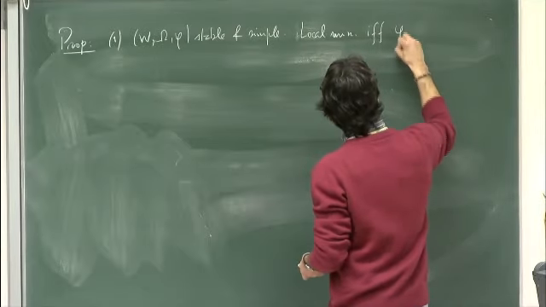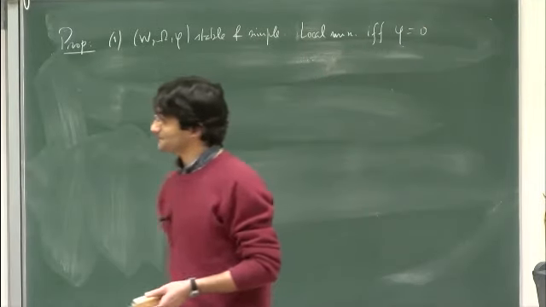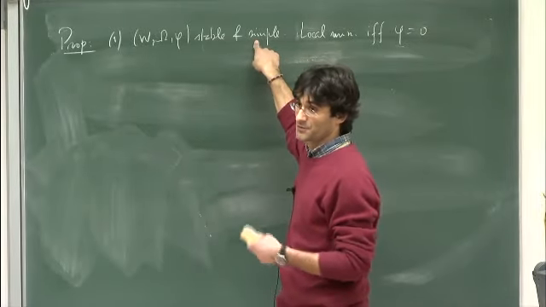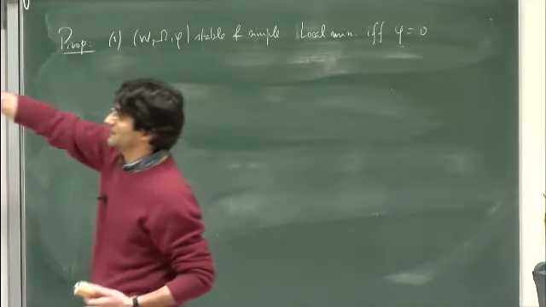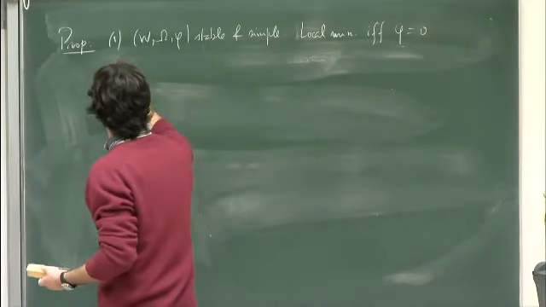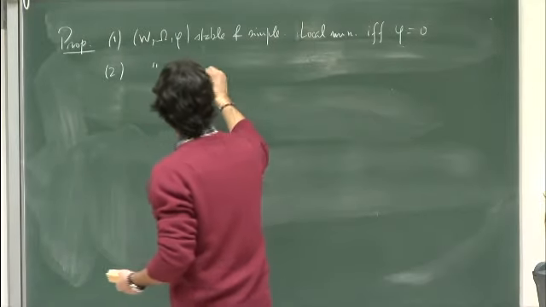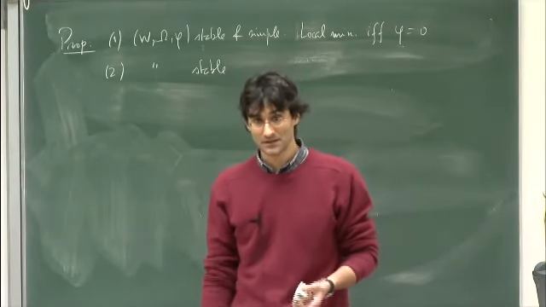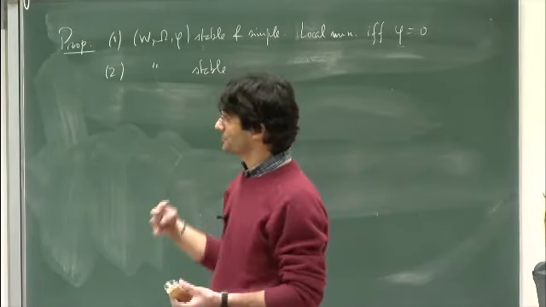So it is a local minimum if and only if phi is 0. So these are the stable and simple ones, which are in the smooth locus. So it's in this place that we can use this. But now, if it is stable and possibly non-simple, the Hitchin functional is additive with respect to direct sums.